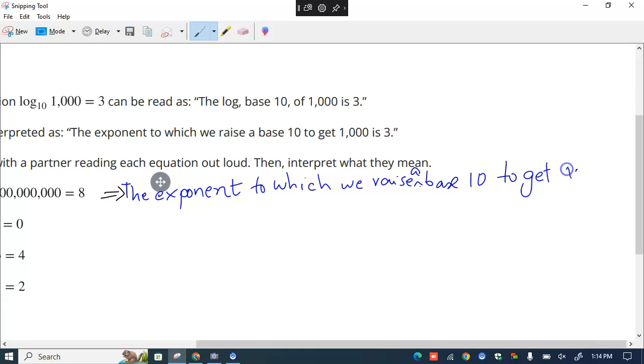Million is always 6 zeros, but we have another 2 zeros there, so 100 million, and the answer is 8.